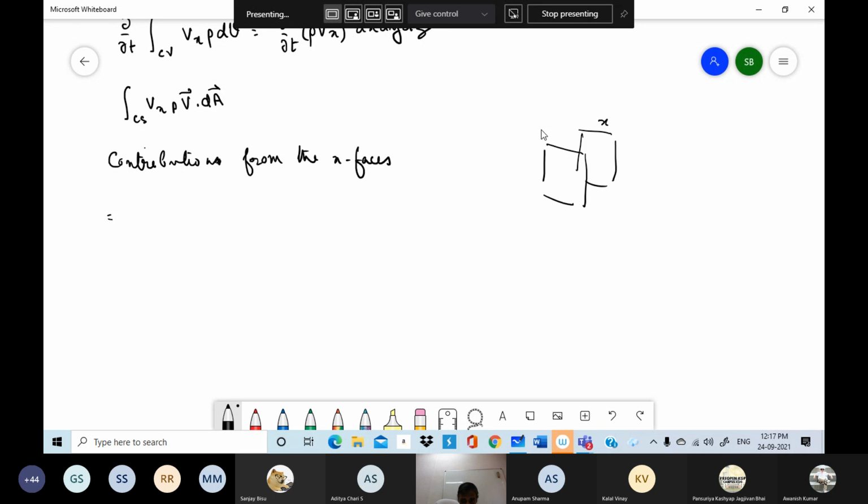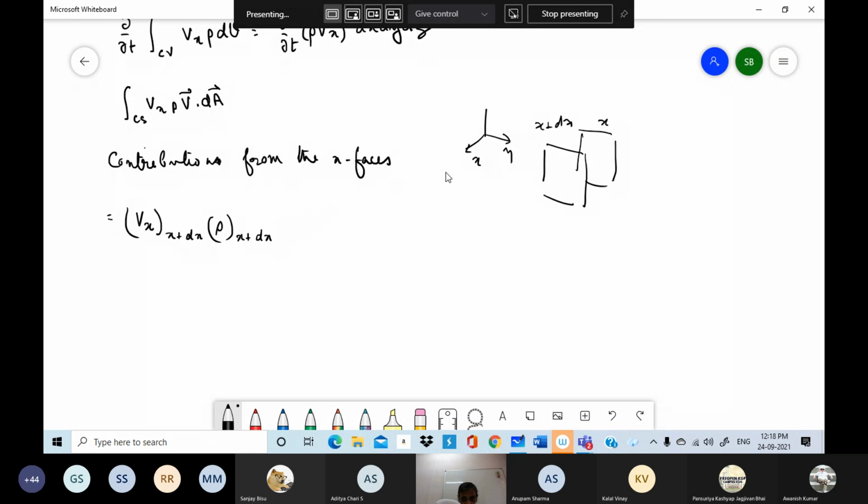So let us say this is at x and this is at x plus dx, because that is what the coordinate system looked like. This is x, so if this is x, this is x plus dx. So the contribution from the x plus dx would be Vx at x plus dx into rho at x plus dx into v dot dA.